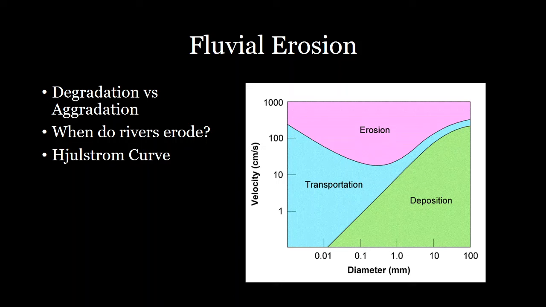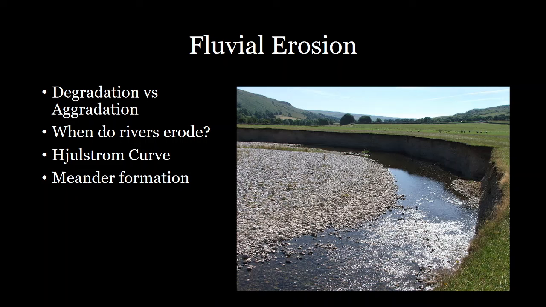So as you have erosion occurring in a river, you start to form meanders like the one you see here. And so there's erosion occurring on this cut bank here.